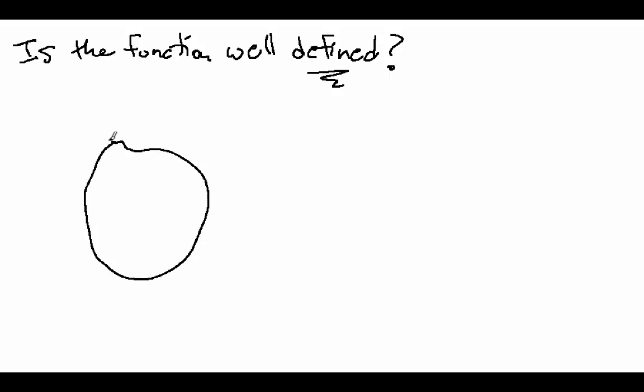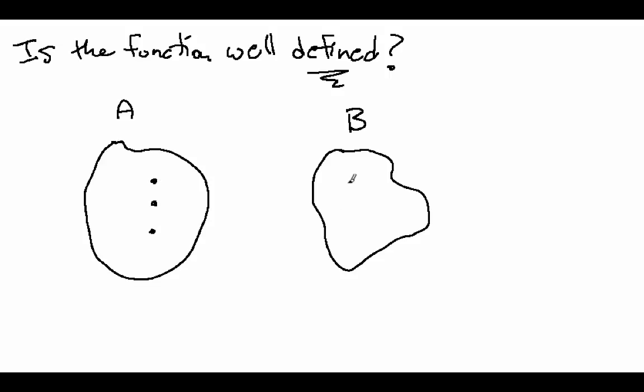Here's A, and here is B, and here are 3 points in A, maybe there are 4 points in B. I say this goes over to here, and this goes over to here.